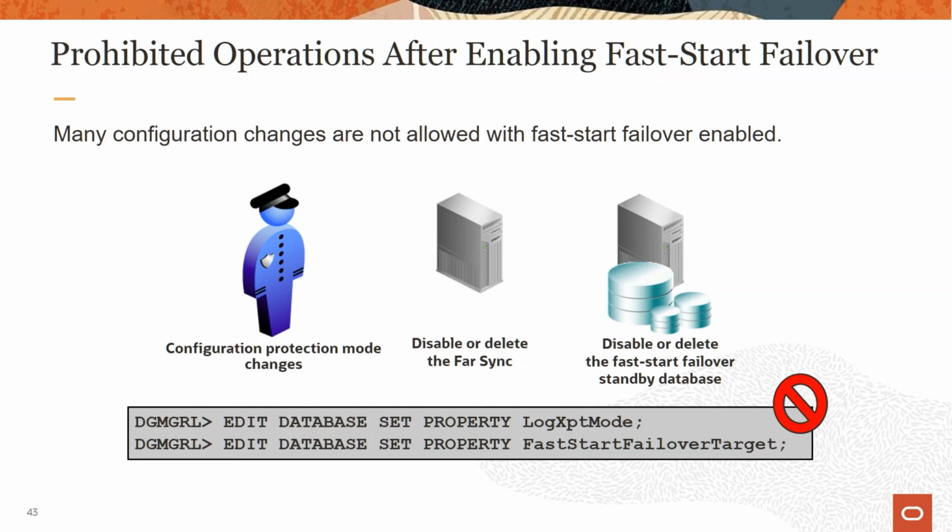Configuration protection policy change, the protection mode change, that's prohibited. And disabling or deleting far sync is prohibited. And disabling or deleting the fast start failover standby database is prohibited.